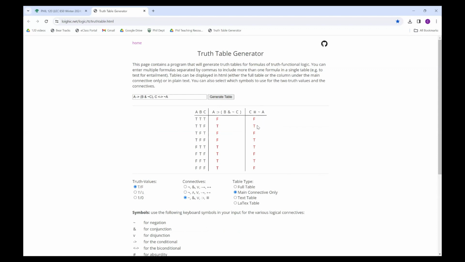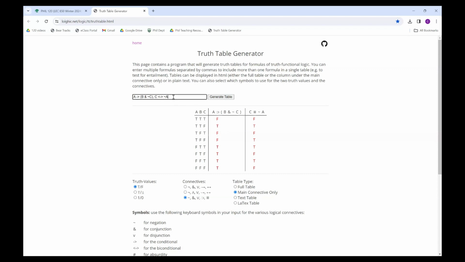So if we go through here, what we find is here's a line where both sentences are true. Here's one. Here's another one. We don't need all three. We only need one. That, though, establishes that this set is consistent because there's at least one line where both of the sentences in the set are true.